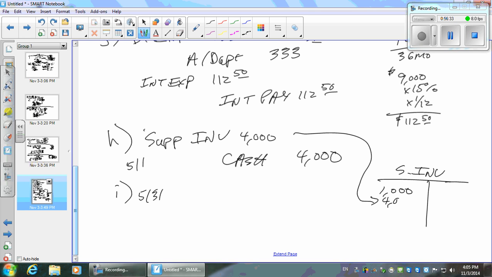That made 5,000 on hand. Everybody agree? At the end, they counted it and costed it out, and there's only 500. How much is gone? 4,500. So that's going to be a credit to supplies inventory. Everybody agree?